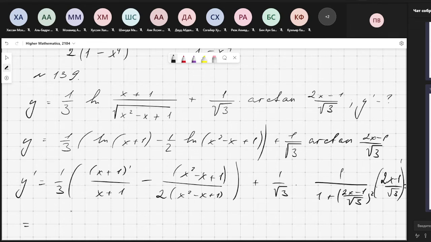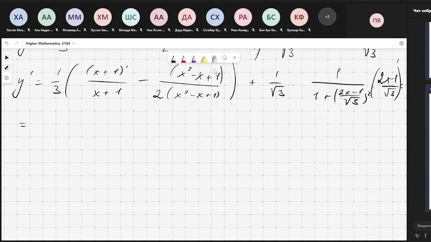Find 1 over 3. Then x plus 1 prime is 1.